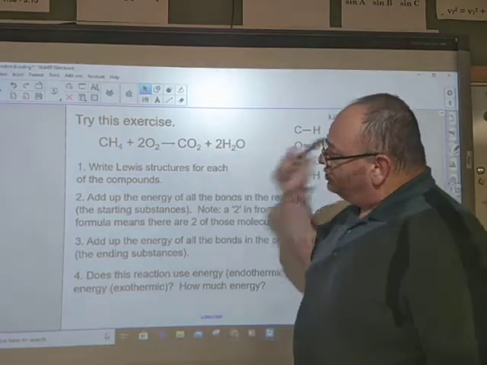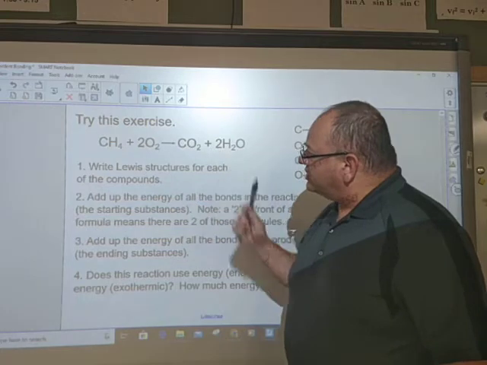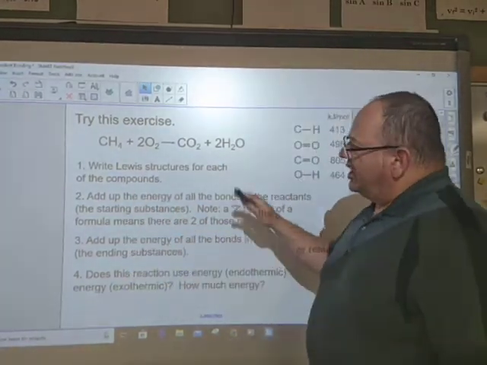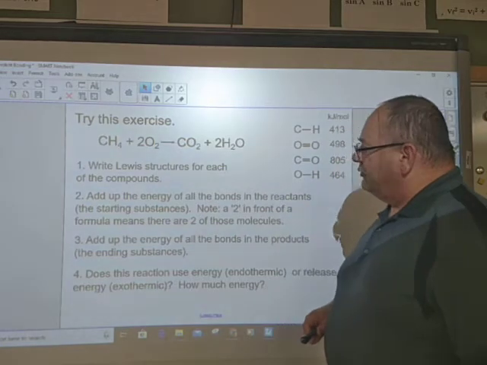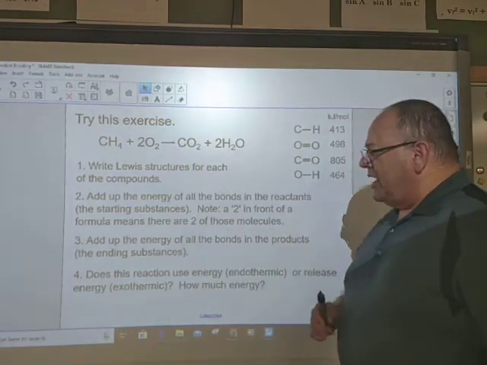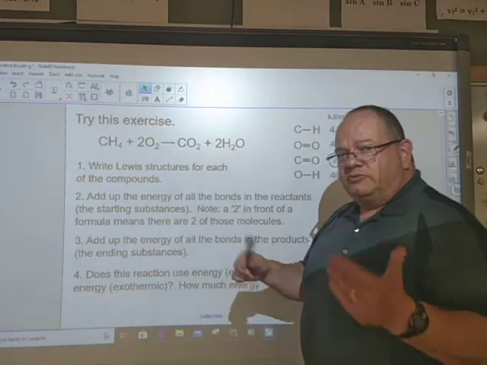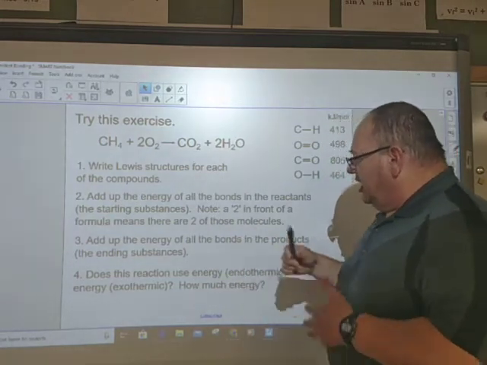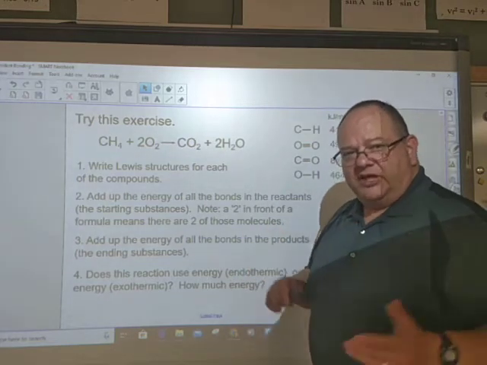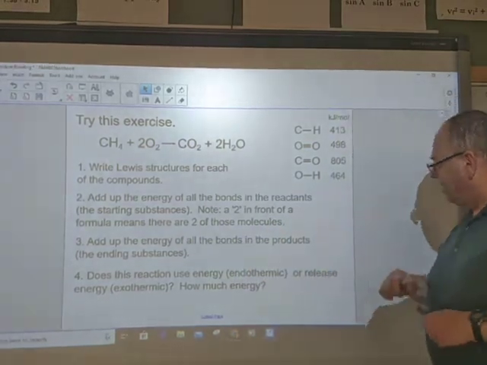And so I wanted you to write Lewis structures out for each of those compounds and then figure out how many bonds you had. So you add up all the energy of the reactant bonds and then add up all the energy of the product bonds and determine if this reaction is exothermic or endothermic and how much energy is absorbed or given off. So, how do we do it?